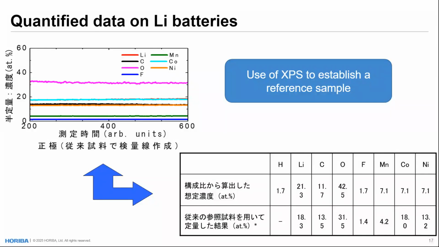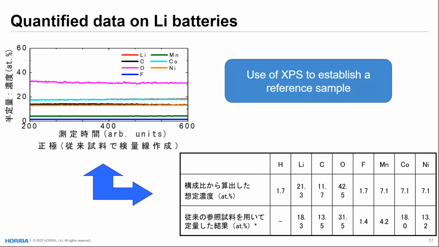This one I skipped. And finally, the GD technique is both qualitative and quantitative. So with that being said, here on the right bottom table, you see the quantitative data for both cathode and anode.